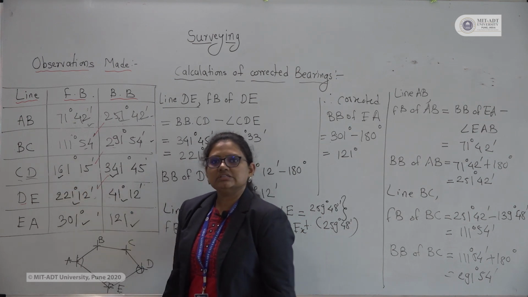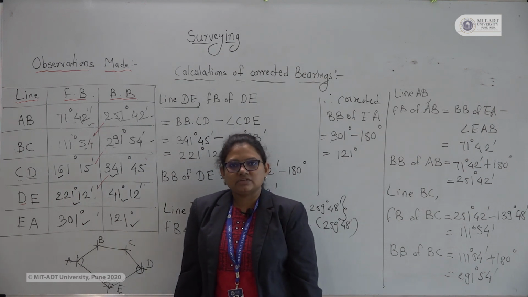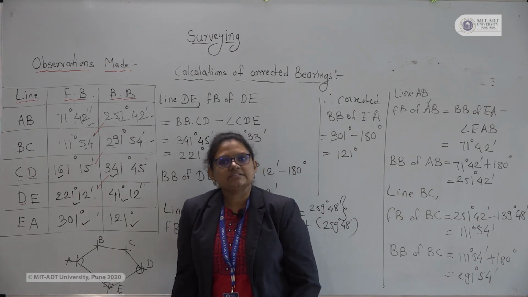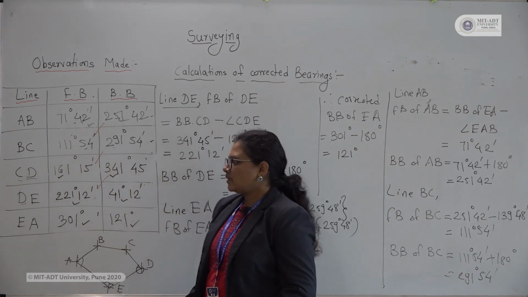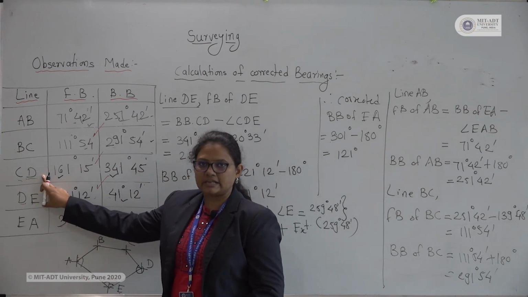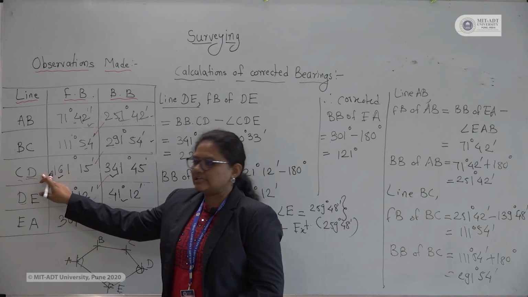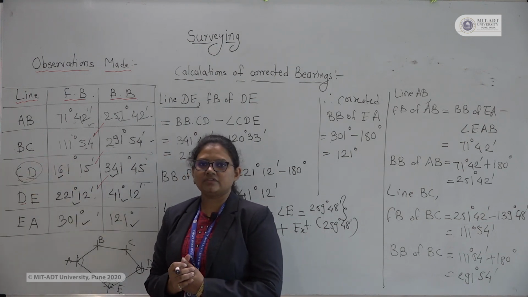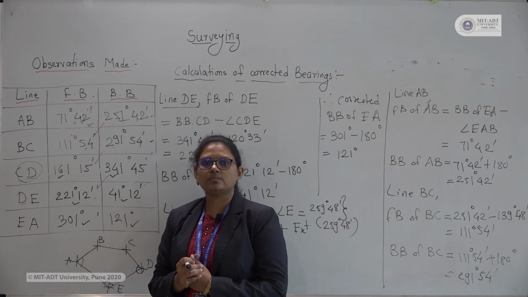So, in this way we have corrected all the values of bearing, and we have found the included angles by using the prismatic compass. In our results we have to write down that we have assumed that stations C and D are free from local attraction, and due to this the readings which we have taken for line CD are free from local attraction and free from errors.